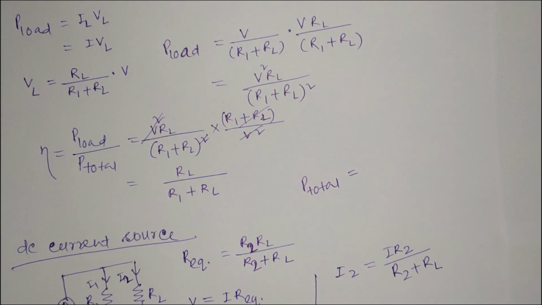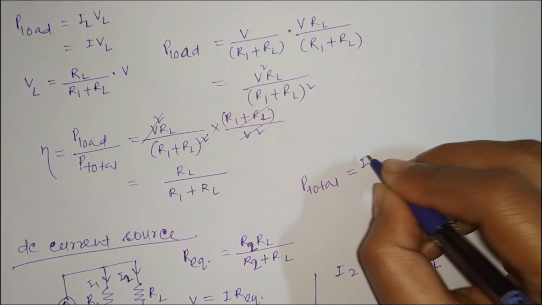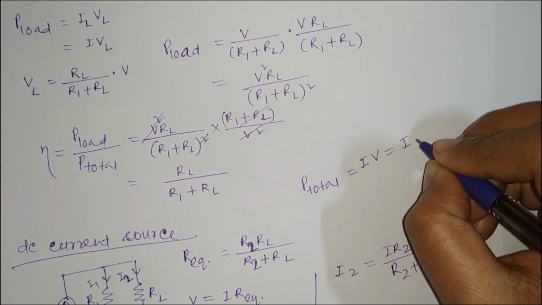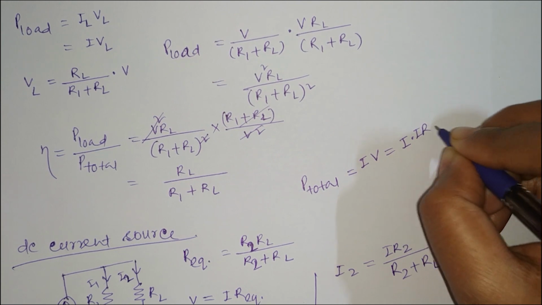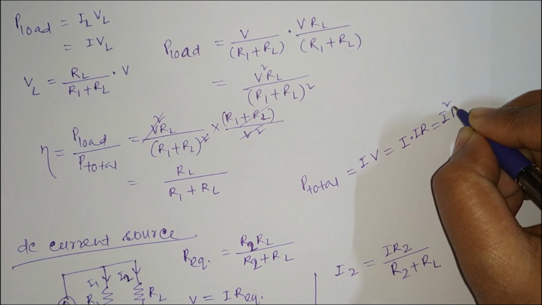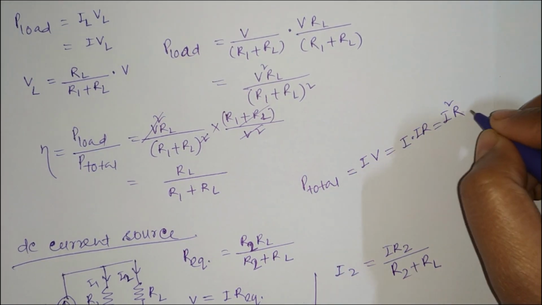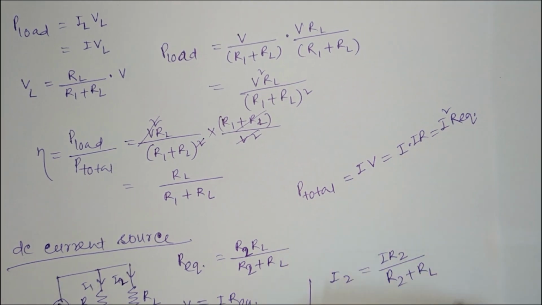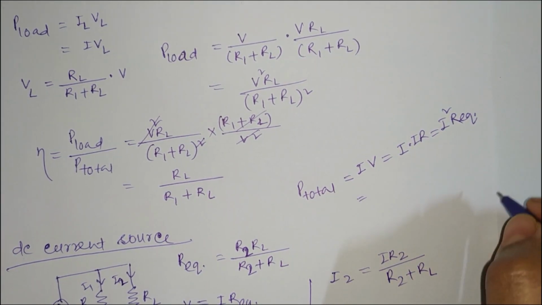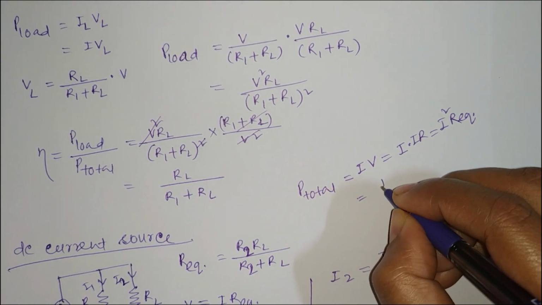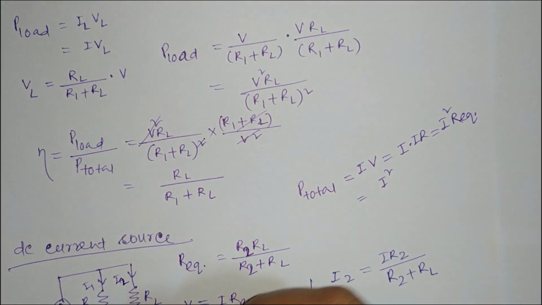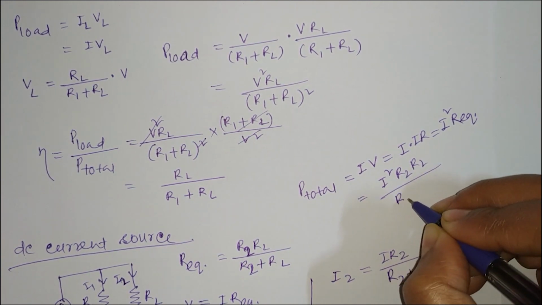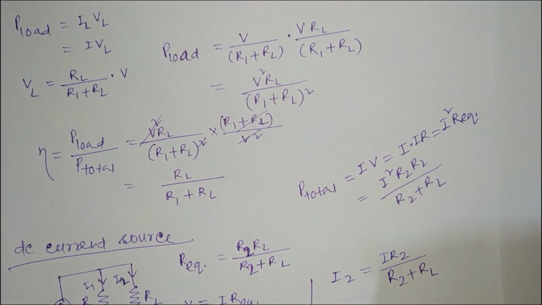Now P total equals I into V, so this is I square R, where R is R equivalent. I square R equivalent is I square R2 RL divided by R2 plus RL.